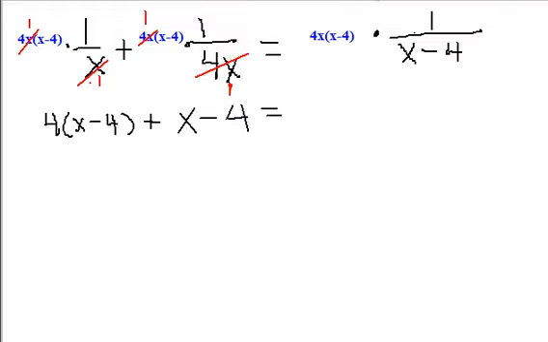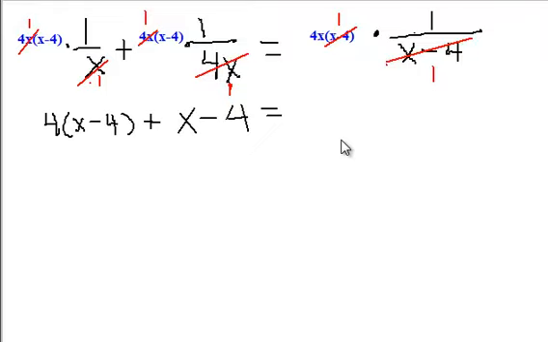Here, my denominator of x minus 4 divides into itself once, and x minus 4 divided into x minus 4 gives me a 1 in the numerator. So you can look at it as you're dividing the numerator and the denominator by x minus 4.